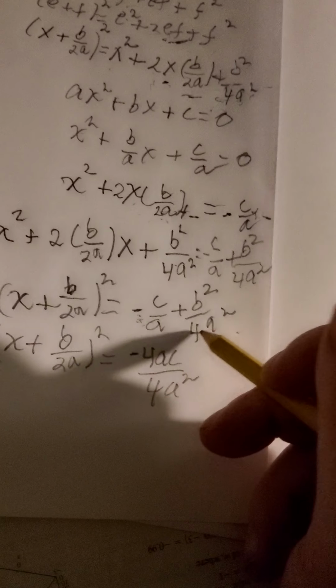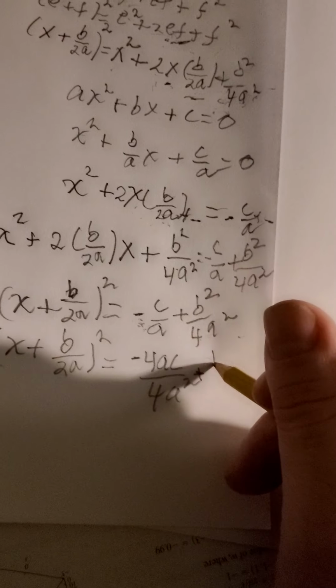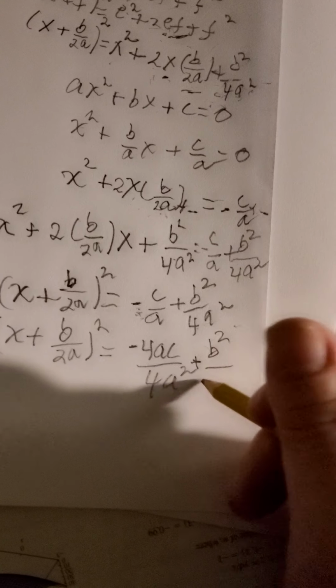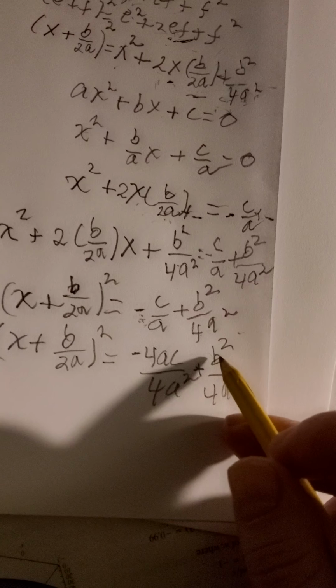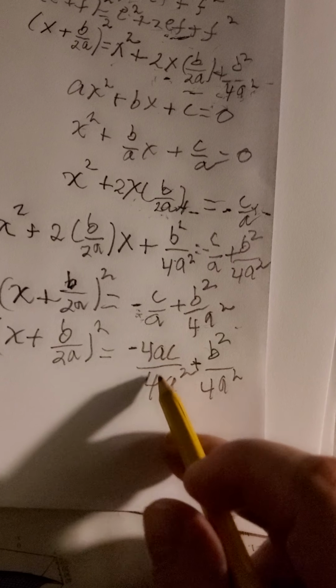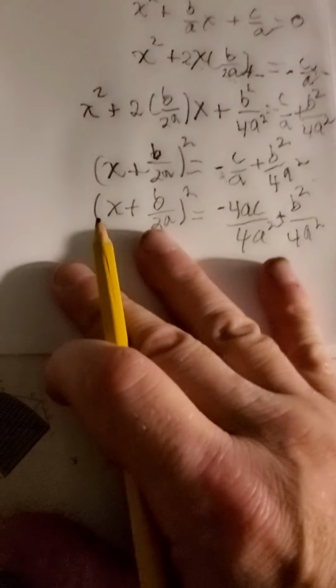Well, what's nice here? See this denominator and this denominator? They match, right? I still have the b squared over 4a squared. Now I can combine terms, b squared minus 4ac all over 4a squared, right?